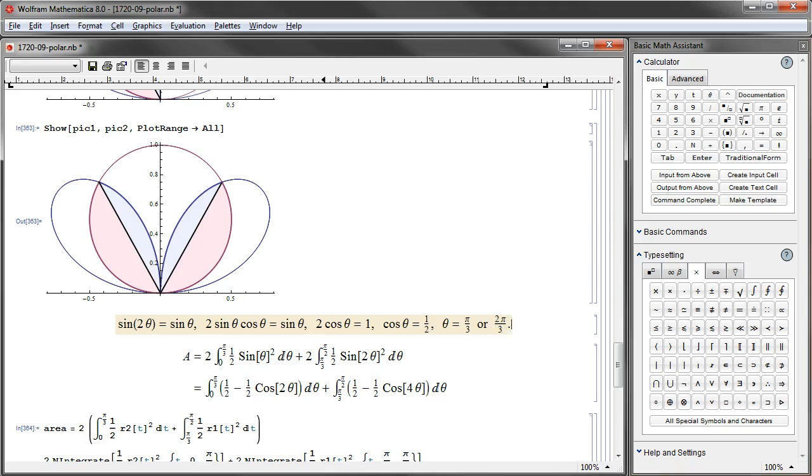We don't have to worry about 2 pi over 3. That's going to give you the angle in the second quadrant. We are only concerned with theta equal to pi over 3, and then we're going to double that.